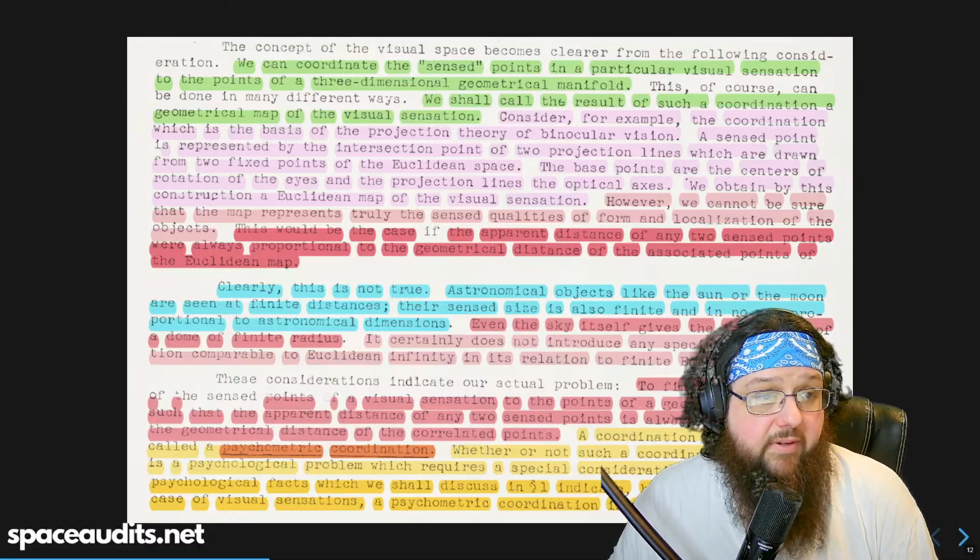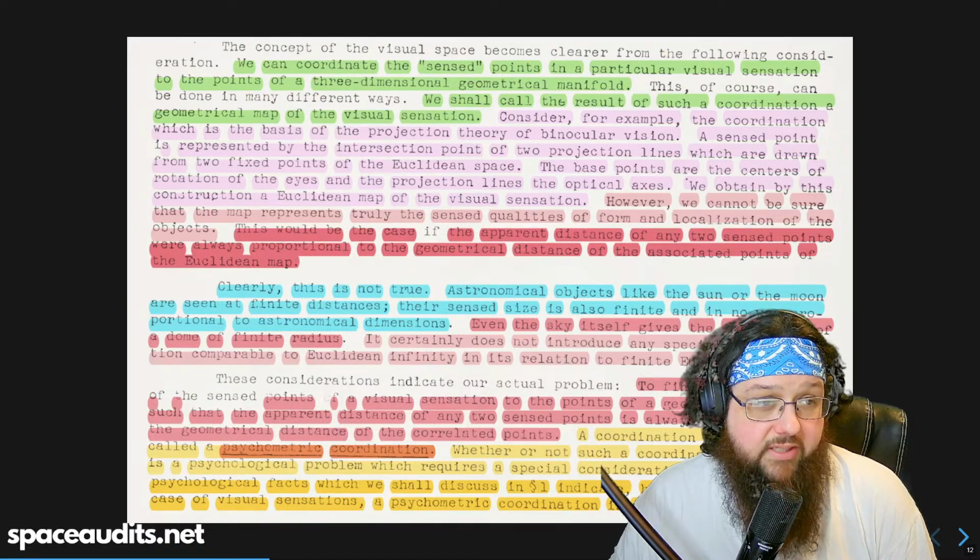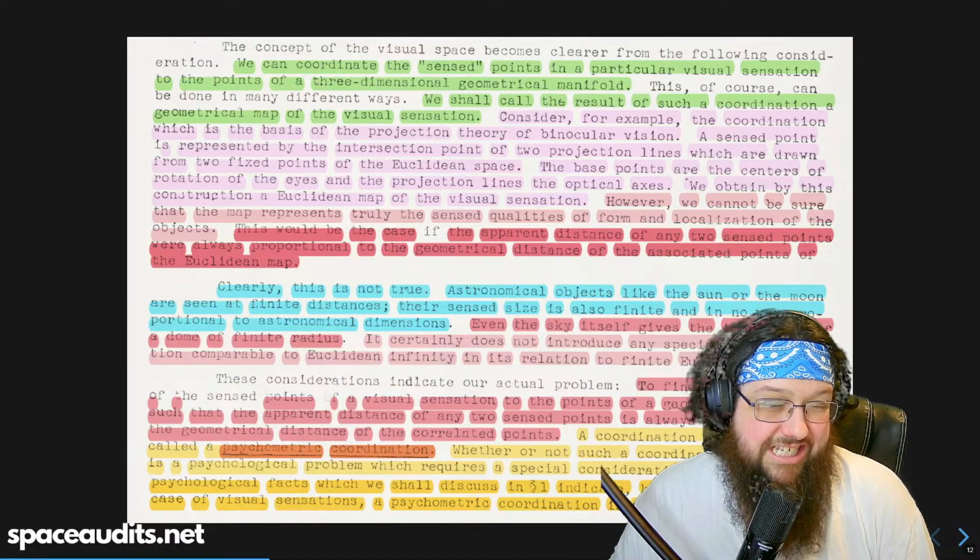So the concept of visual space becomes clearer from the following consideration. We can coordinate the sensed points of a particular visual sensation to the points of a three-dimensional geometrical manifold. This, of course, can be done in different ways. So he's talking about how to map it onto a coordinate system. We call the result of the coordination the geometrical map of the visual sensation.